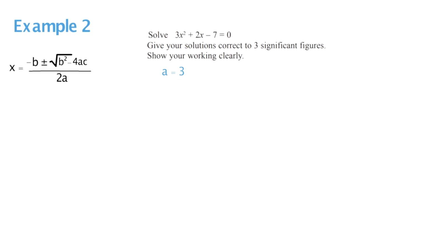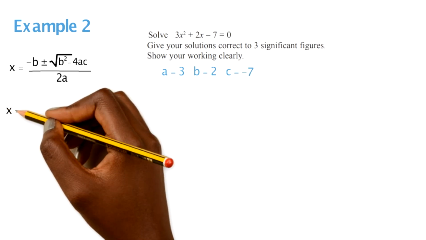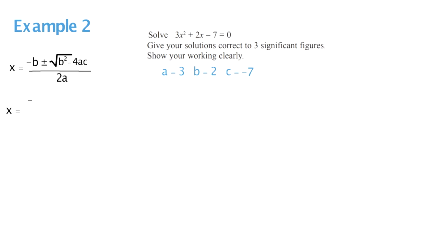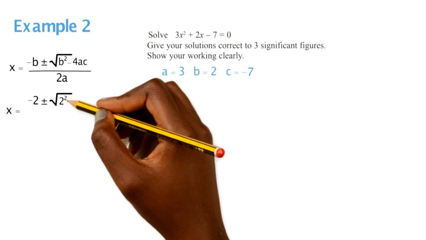Then we're going to write out our values for a, b, and c. Our a is 3 in this case, our b is 2, and our c is minus 7. Then we substitute our a, b, and c values into the formula. Notice that this time for the minus b, it's actually minus 2 because there wasn't another minus there with the 2, so it would just be negative 2.